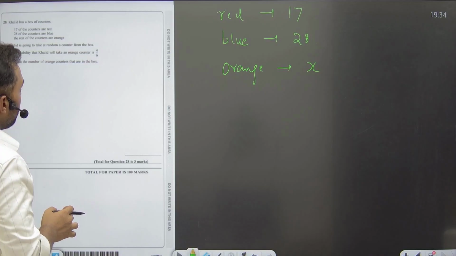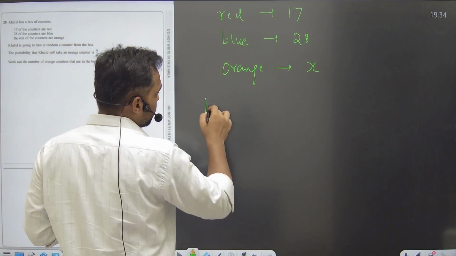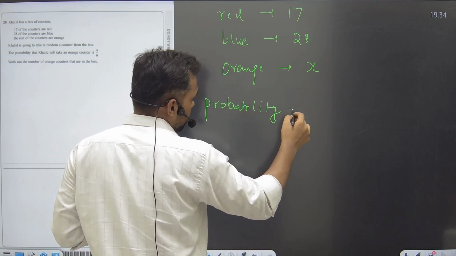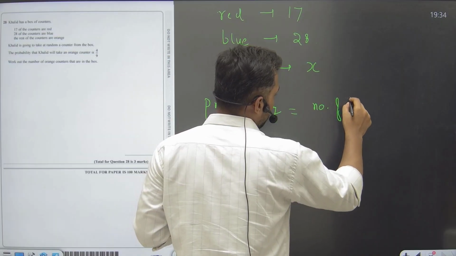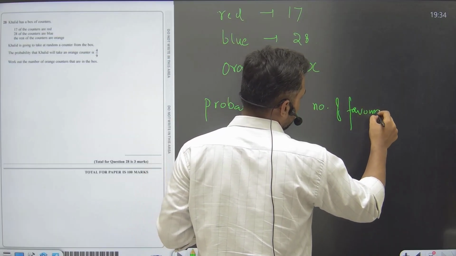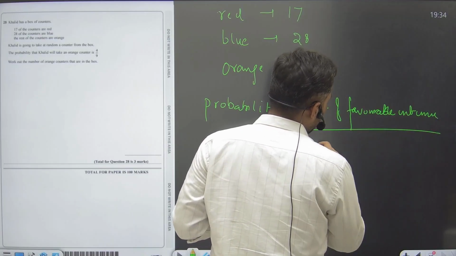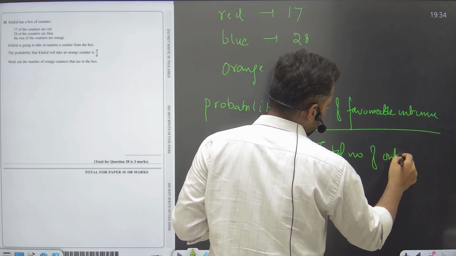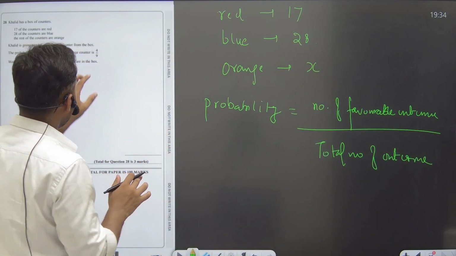Now see, the probability of taking an orange counter is 4 by 9. What is probability, students? Probability is given by number of favorable outcomes upon total number of outcomes. So probability here is 4 by 9.